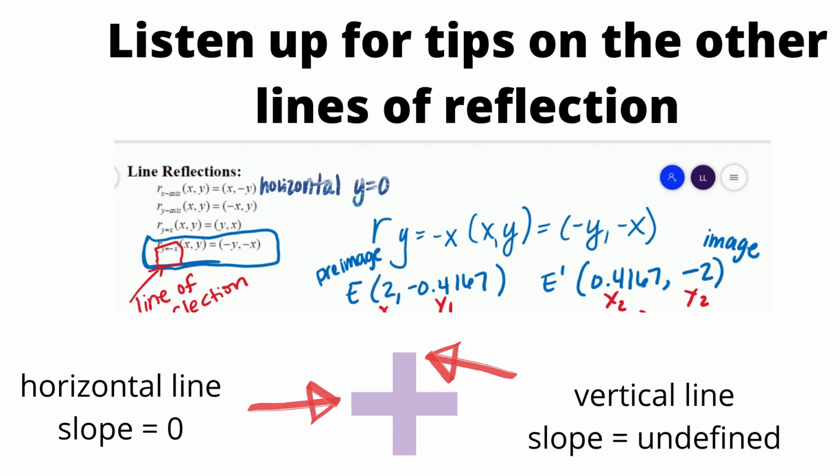In that case, the slope is 0. In this case, this is a vertical line, the reflection over the y-axis. The equation is x equals 0, and the slope would be undefined.